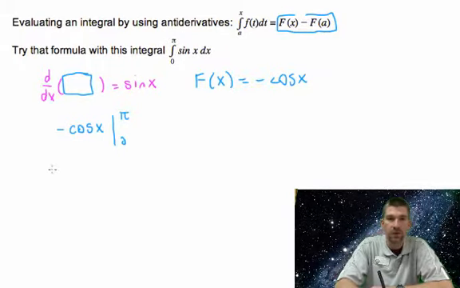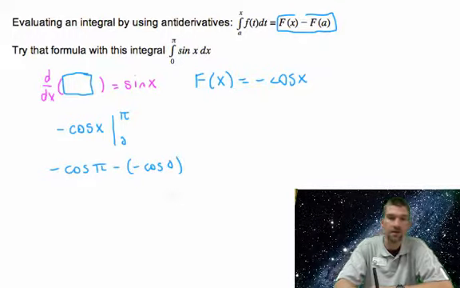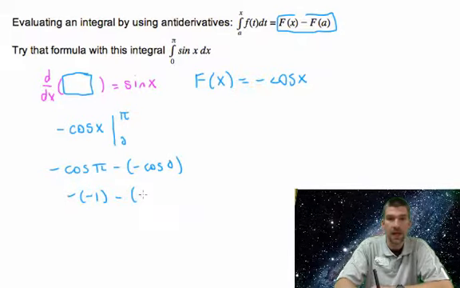What we're going to end up with is negative cosine of the upper limit, pi, minus negative cosine of the lower limit, 0. So the cosine of pi is negative 1, so minus negative 1, minus, and then the cosine of 0 is 1, so minus 1. And I end up here with 1 plus 1, or 2.